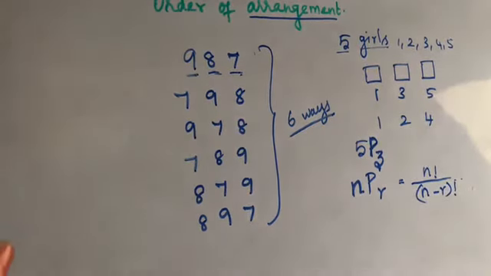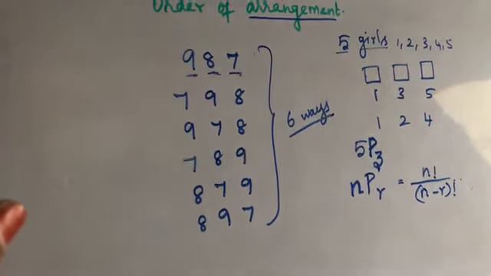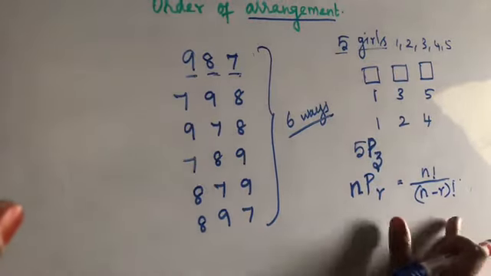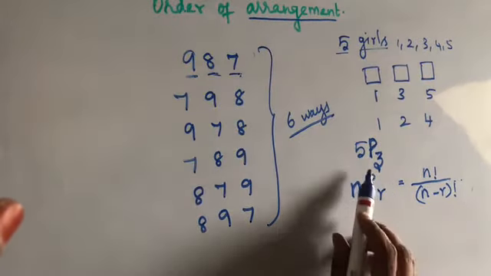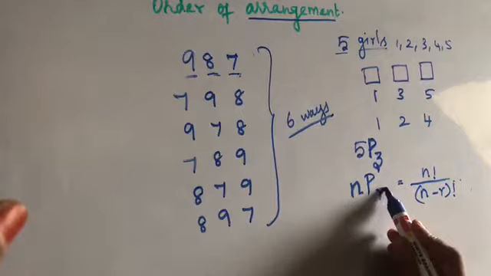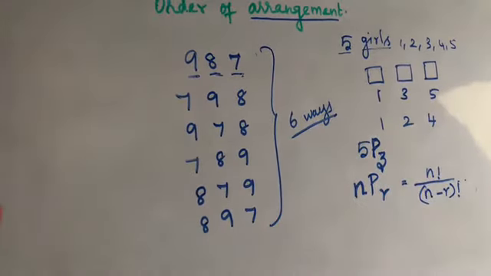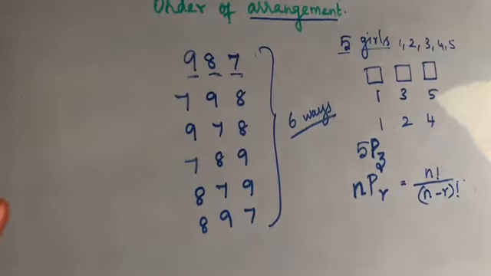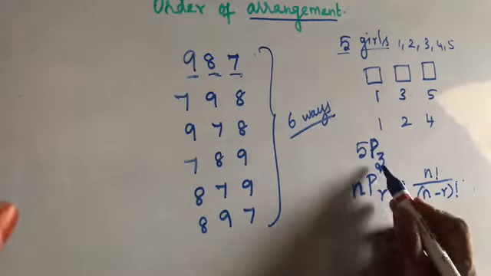This is the formula for permutation, the number of arrangements. The number of arrangements that can be made out of n things, taking only r at a time. Here 5 girls are there, I take only 3 at a time to make this arrangement. Okay, so here n is 5 and r is 3.